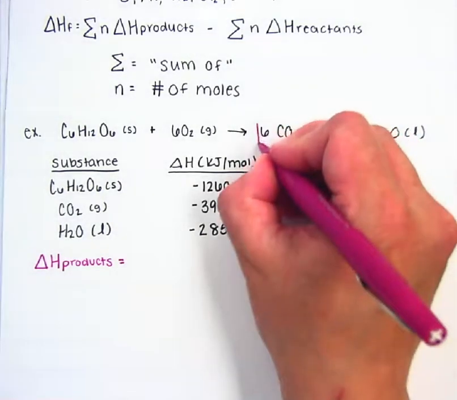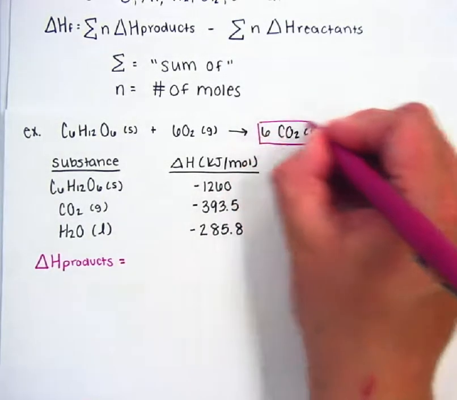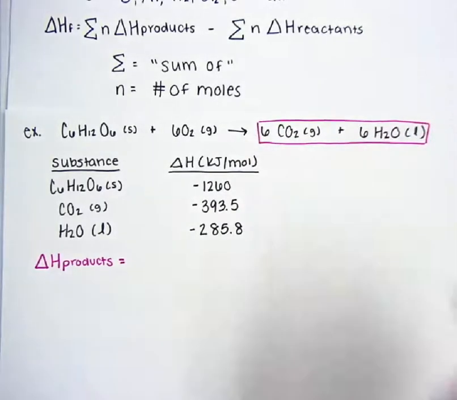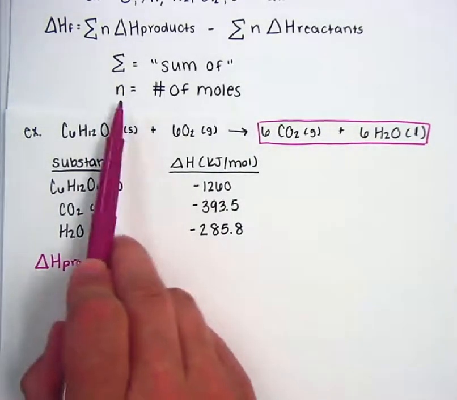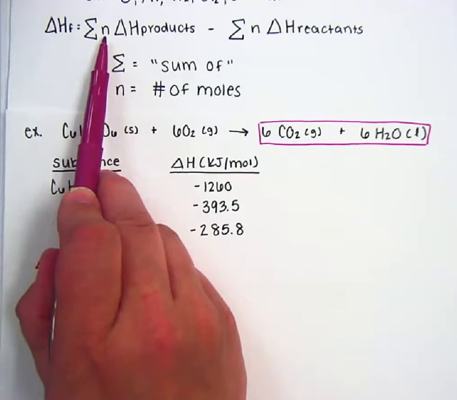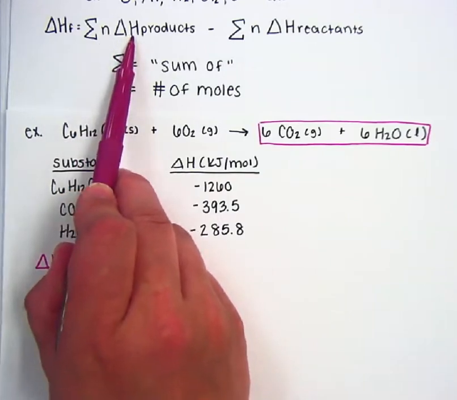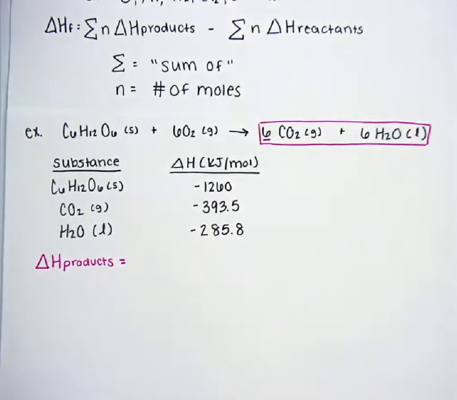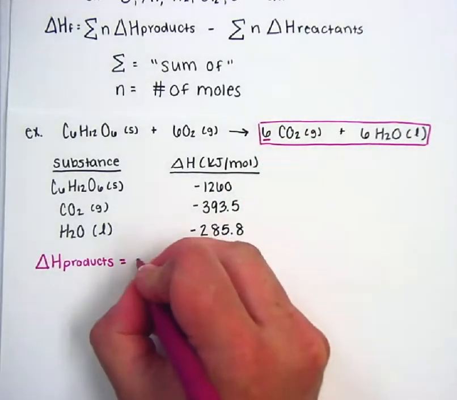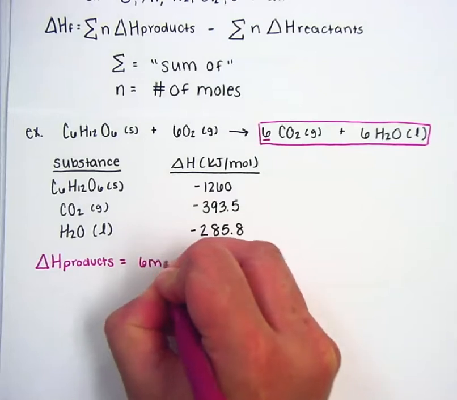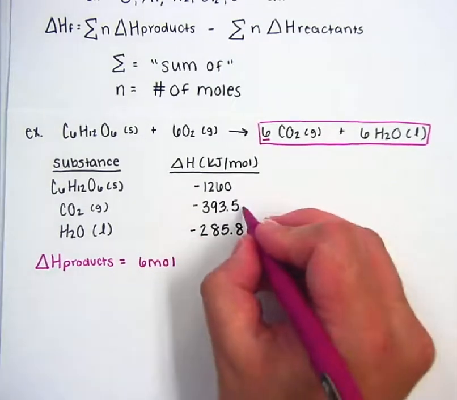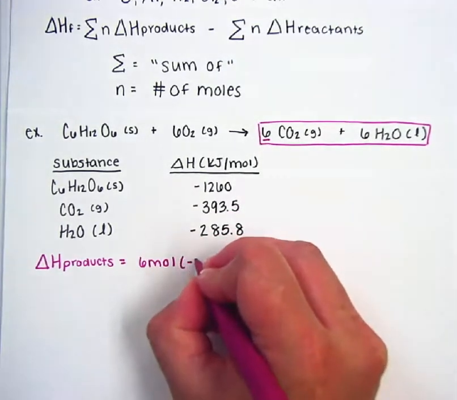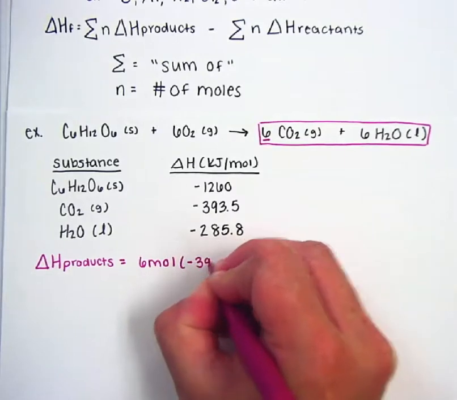Alright, so I have two products. N is equal to the number of moles, so we're going to take the number of moles and multiply it by the delta H value. For carbon dioxide, I have 6 moles, and I'm going to multiply it by the delta H value of carbon dioxide.